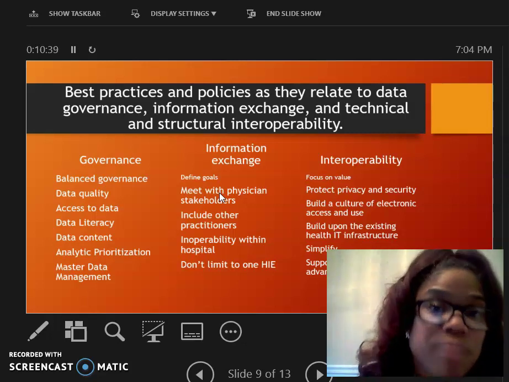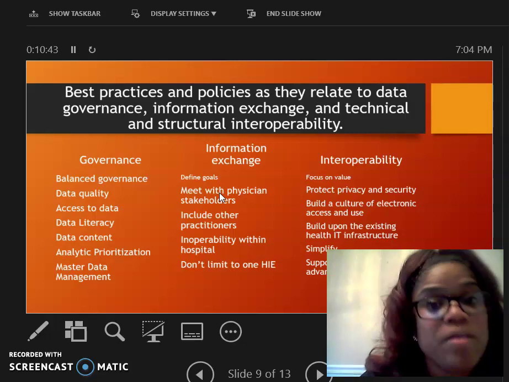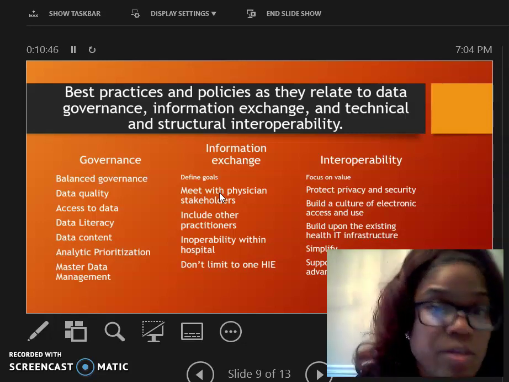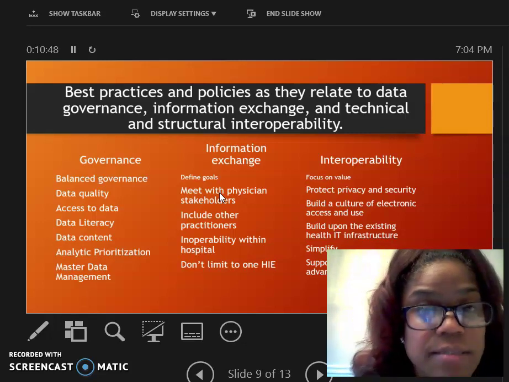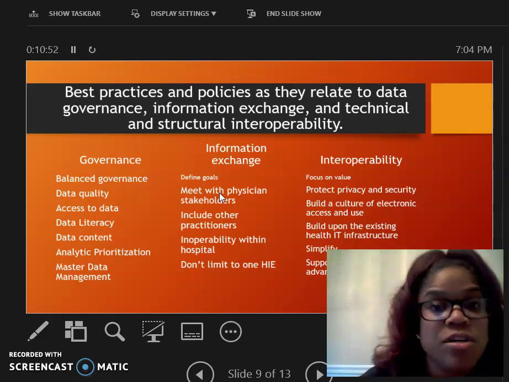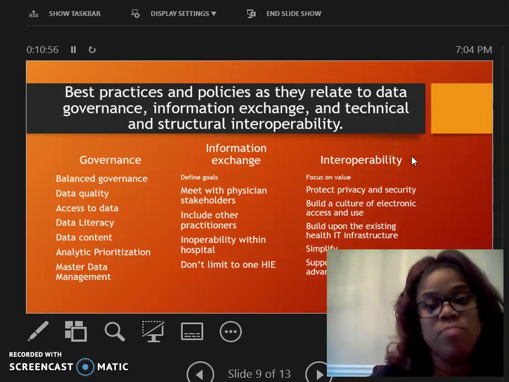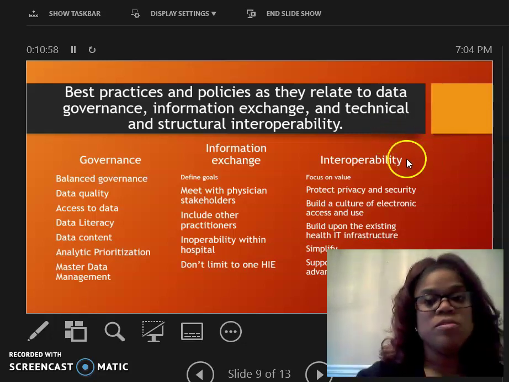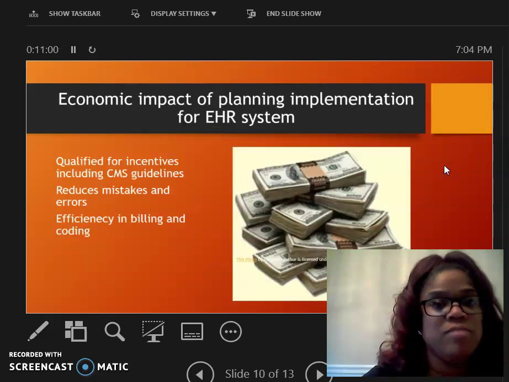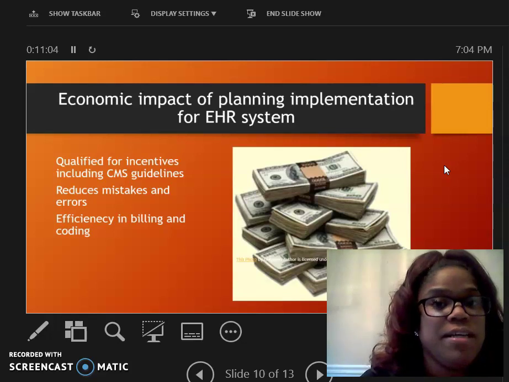And then interoperability is protect privacy and security, build a culture of electronic access and use, build upon the existing health IT infrastructure, and so on. So this will all be in the proposal, the written proposal, so you guys can go through that and look at that.